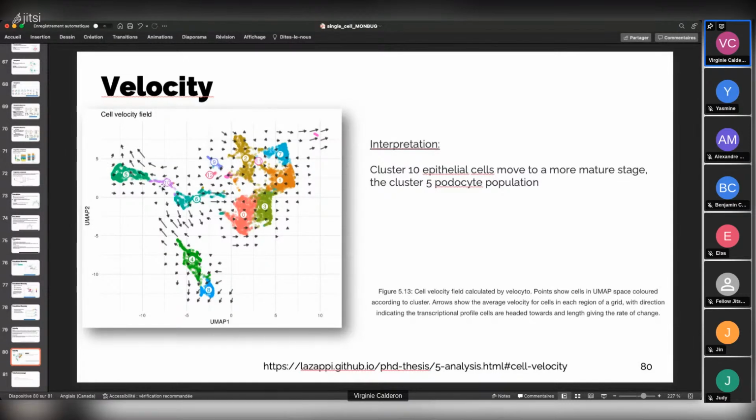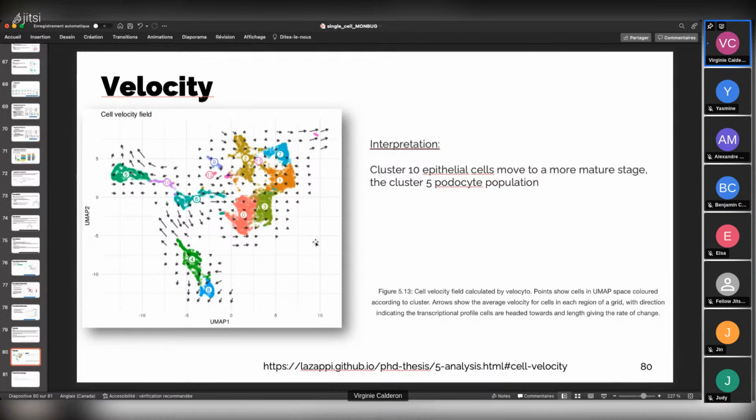As a bioinformatician, I cannot say that, but biologists analyze the data. Cluster 10 is epithelial cells, cluster 5 is a podocyte population, and they know that cells in 10 will become cells in 5. So that's a way to interpret these arrows, to say how the transcriptome will shift, how the cells will evolve to another stage.